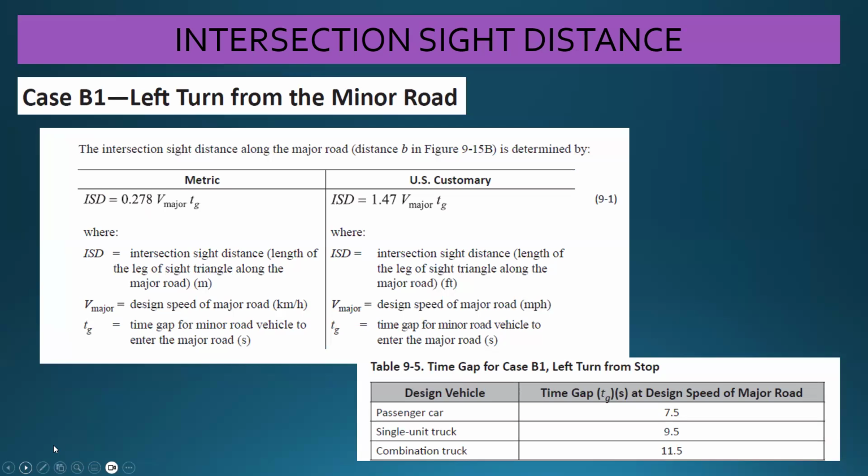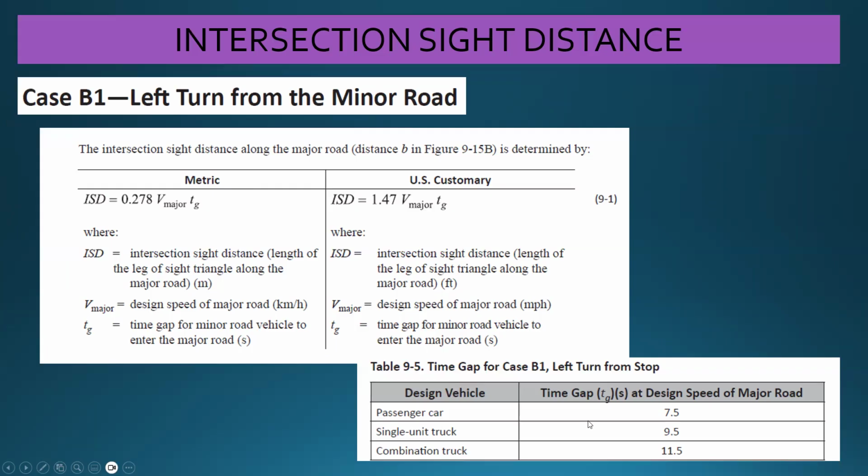Then we have case B sub 1, left turn from the minor road. For left turn from the minor road, the formula is 0.278 times the speed of the major road, or the design speed of the major road, times T sub G, or that is the time gap for a minor road vehicle to enter the major road. According to some studies, they were already able to obtain the time gap.